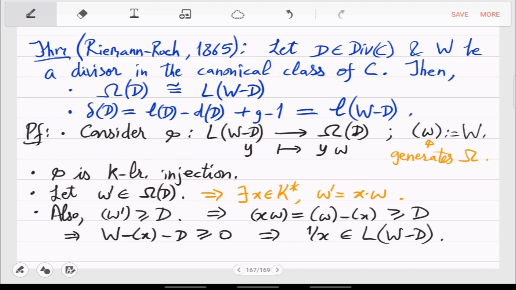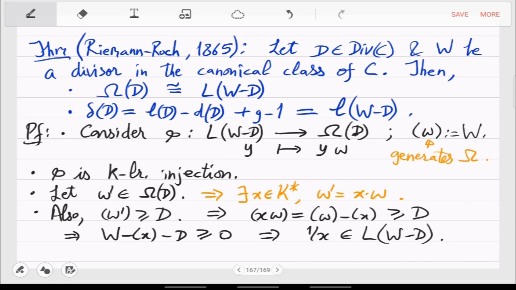But that should be okay. But this is isomorphic to the space L of W minus D plus div x as well.